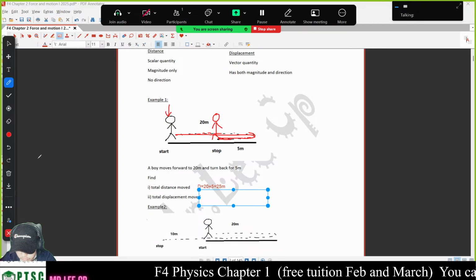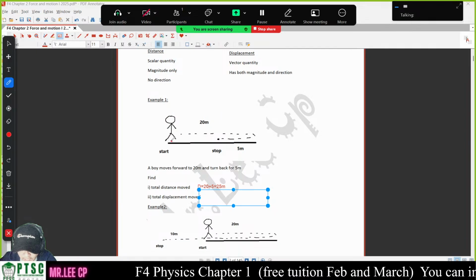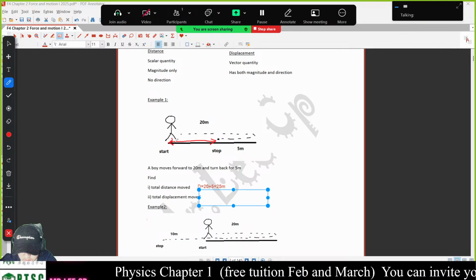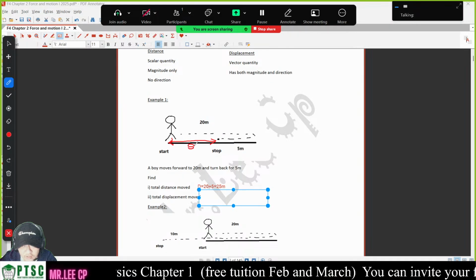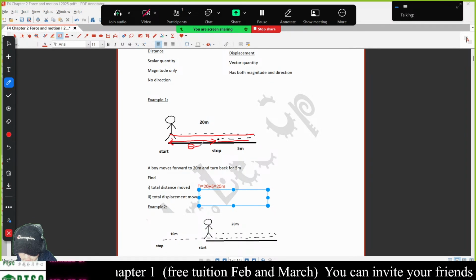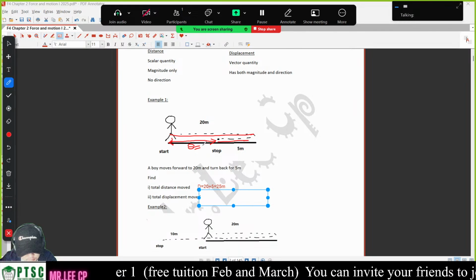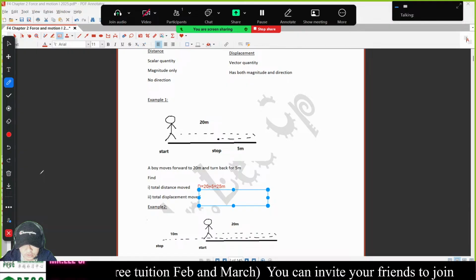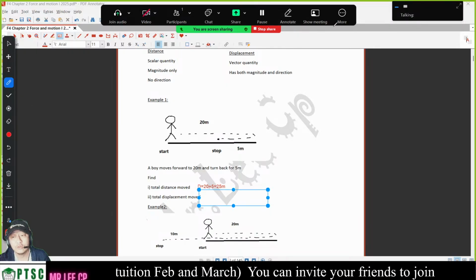You just know I was here, and then I moved to here. So this is your displacement. Your displacement is 20 minus 5, so it is 15 meter. Where it starts and where it stops only.